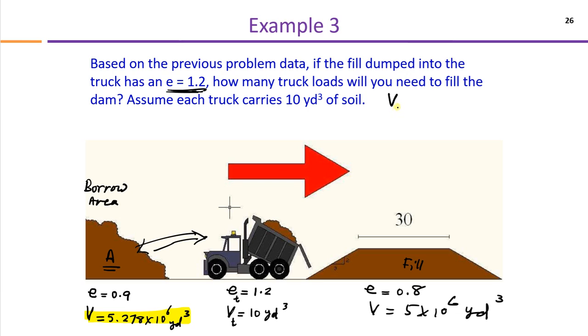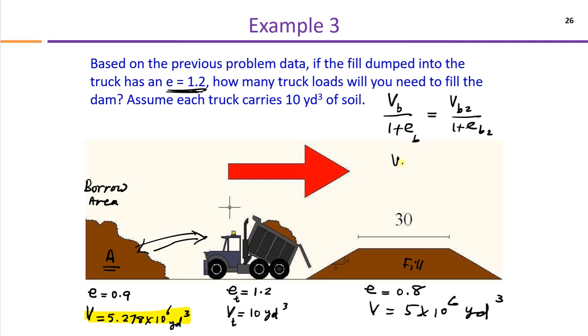Because this is not the fill, let me call it volume of B: VB1 over 1 plus EB1 is equal to the total volume that the truck has to carry, VB2 over 1 plus EB2.